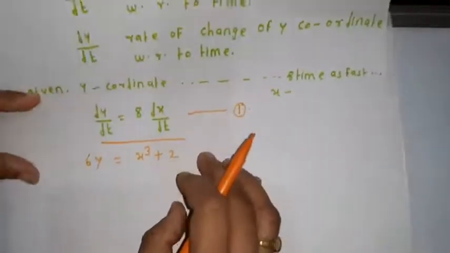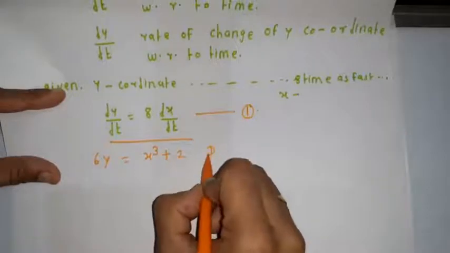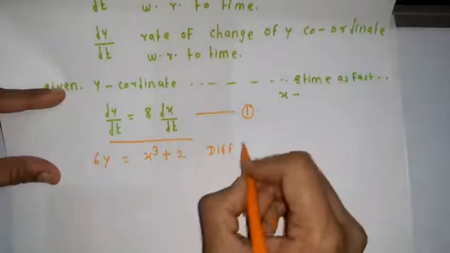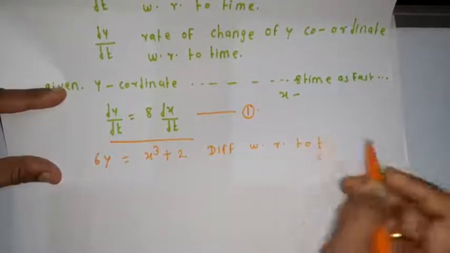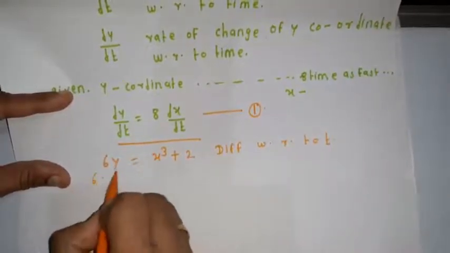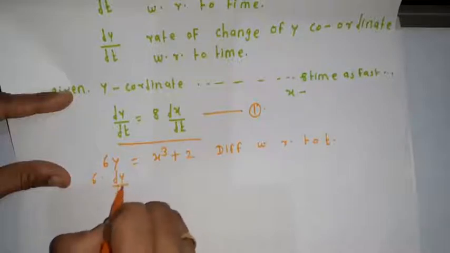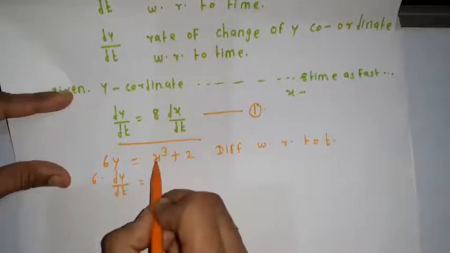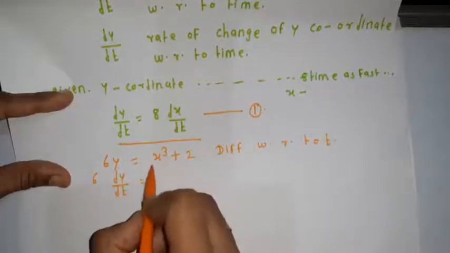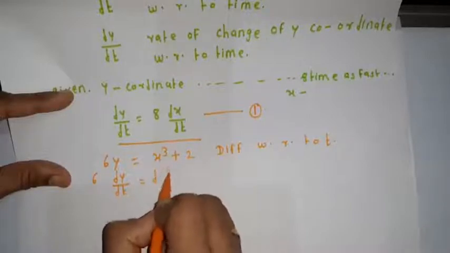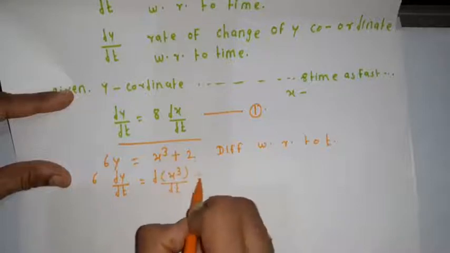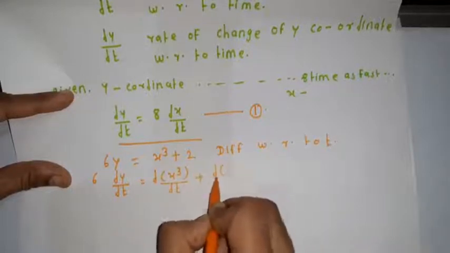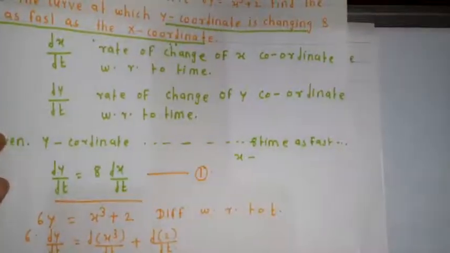Okay, so now differentiate this curve with respect to t. We will get 6 times the differentiation of y with respect to t equal to the differentiation of x cube with respect to t plus the differentiation of 2 with respect to t.